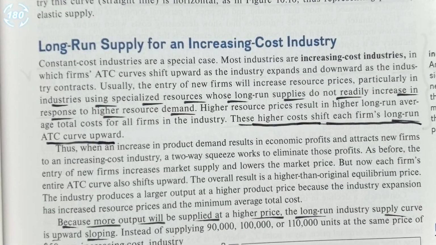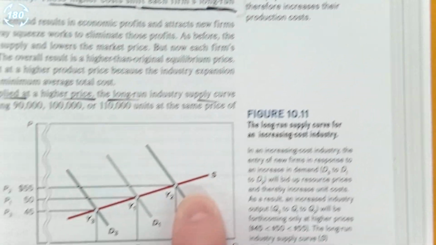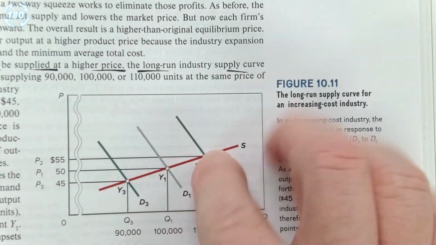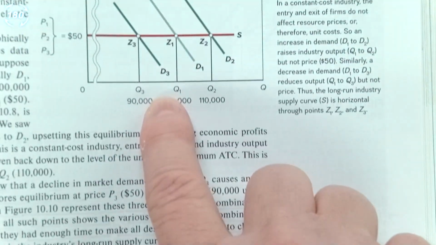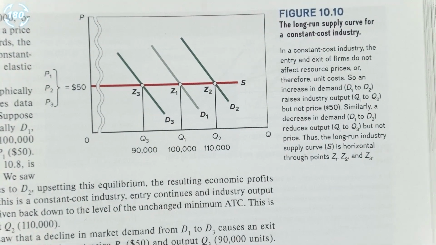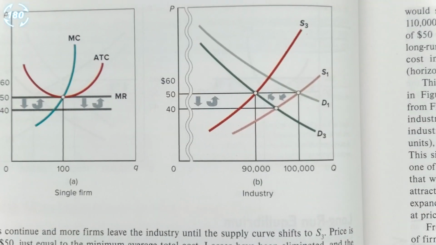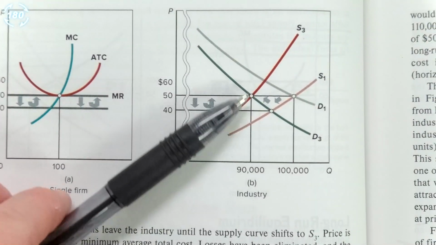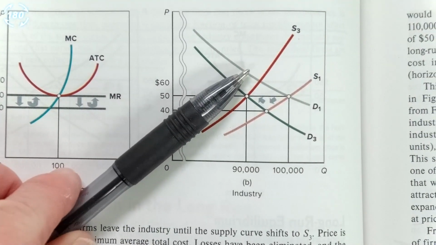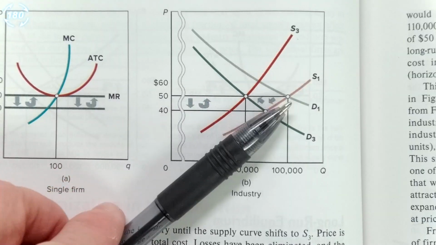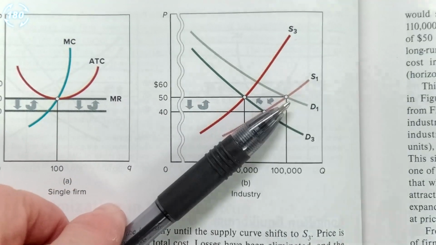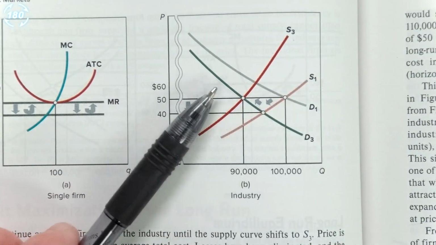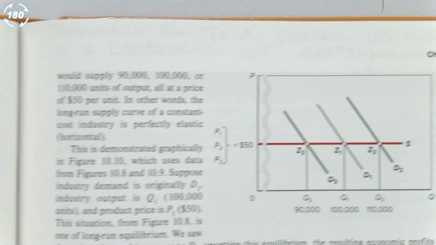I'm sorry, here's an increasing cost industry, and here's a constant cost industry. And there's a little two-step they take you through to show you how you move. If there's an increase in demand with no barriers to entry, suppliers move in. Do you wind up where you began at the same level? If you do, you have a constant cost industry.